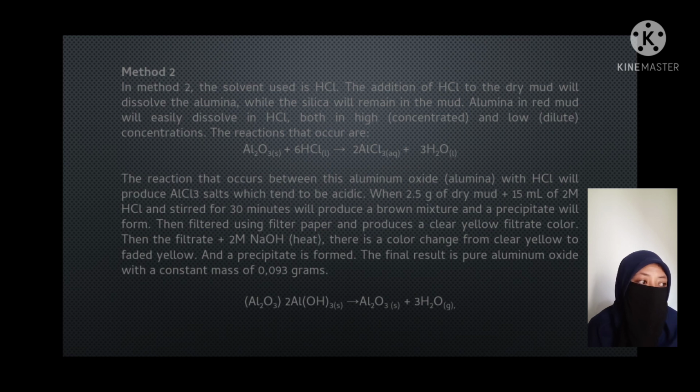Then the filtrate plus 2M NaOH shows a color change from clear yellow to pale yellow, and a precipitate is formed. The final result is aluminum oxide with a constant mass of 0.093 grams.